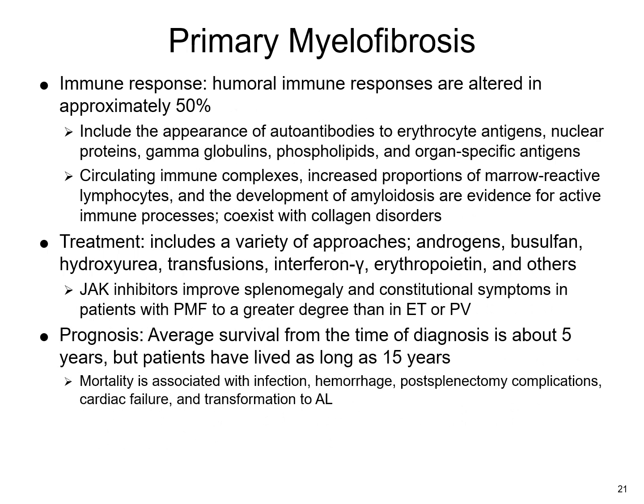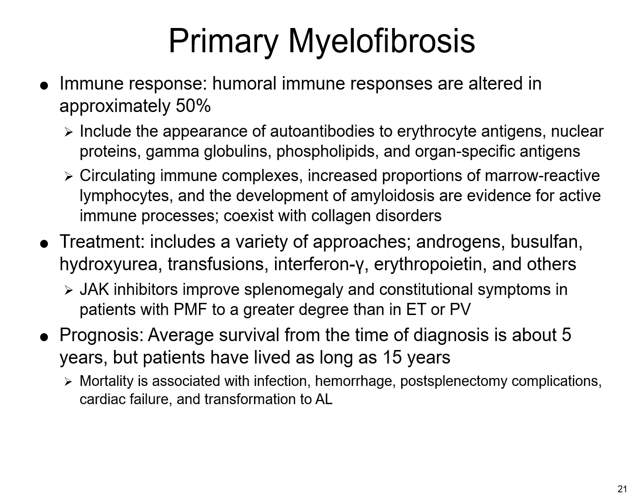A humoral response is actually altered in approximately 50% of these patients with primary myelofibrosis. So that just means that there's an immune response within the various body fluids throughout the patient's body. And what you will see is the appearance of autoantibodies to erythrocyte antigens, nuclear proteins, gamma globulins, phospholipids, or other organ-specific antigens.